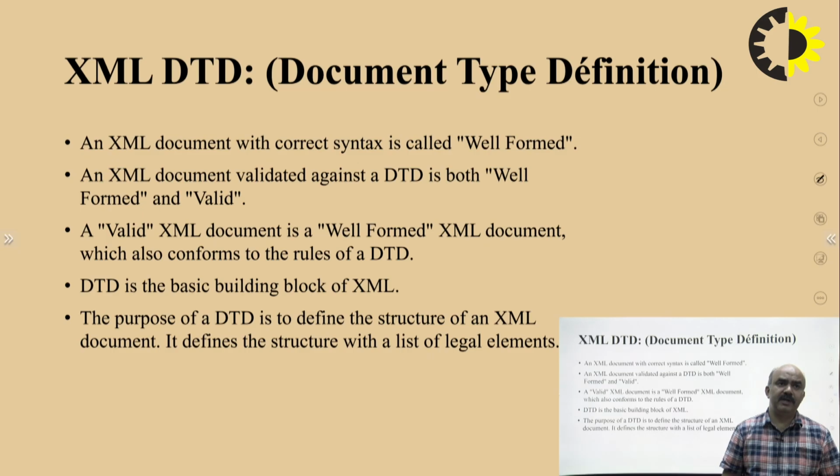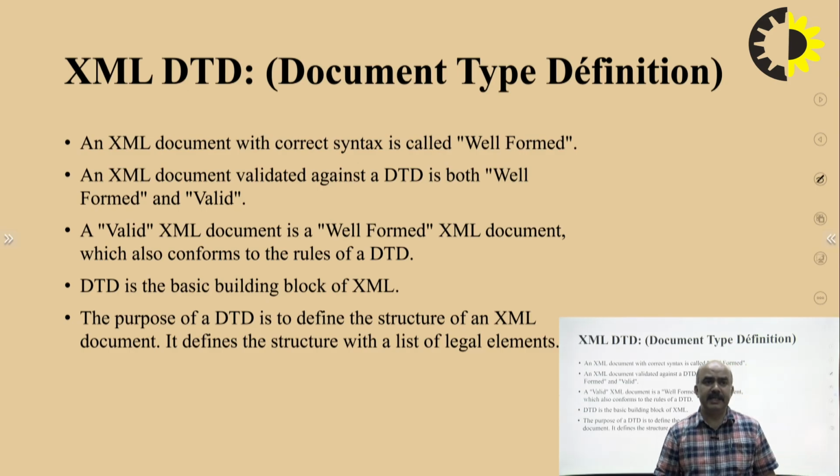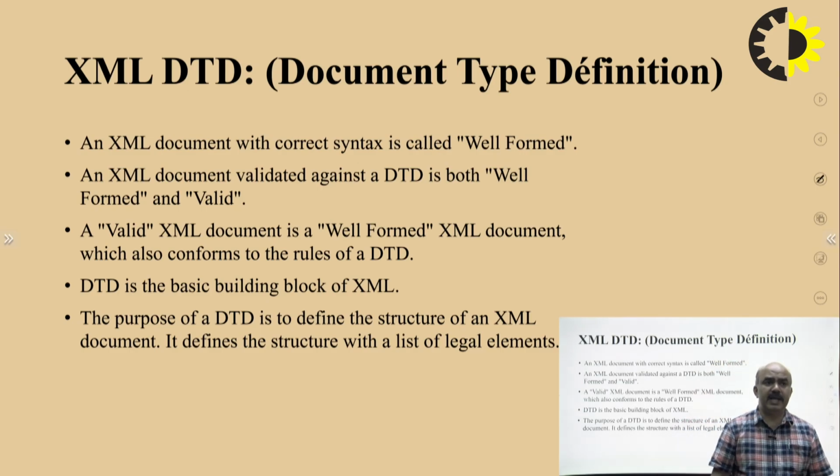Let's take the first one, DTD. An XML document validated using DTD is both well formed and valid. A valid XML document is a well formed XML document which also conforms to the rules of the DTD. So DTD is basically a building block for XML.